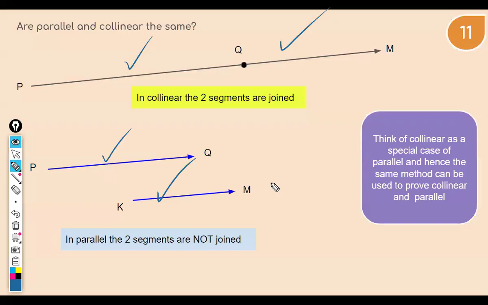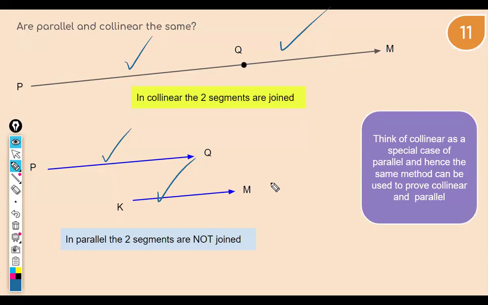To prove two lines are collinear or to prove two lines are parallel, it's basically the same exact technique, the same exact piece of working you will have to do. I just want to make that clear. And the reason the working is the same is because collinear is just a special type of parallel. It is parallel. So why should there be any special working for it?